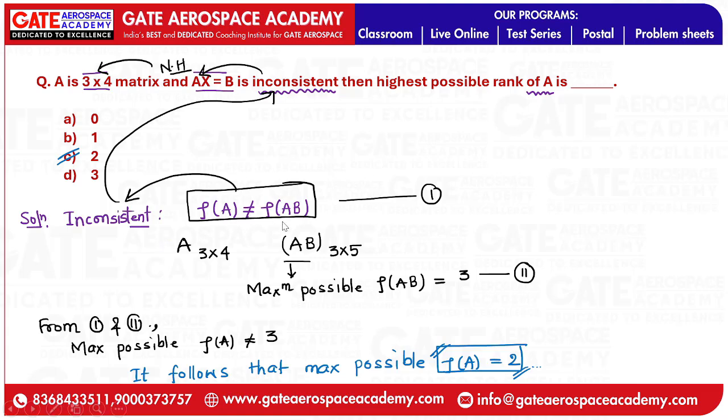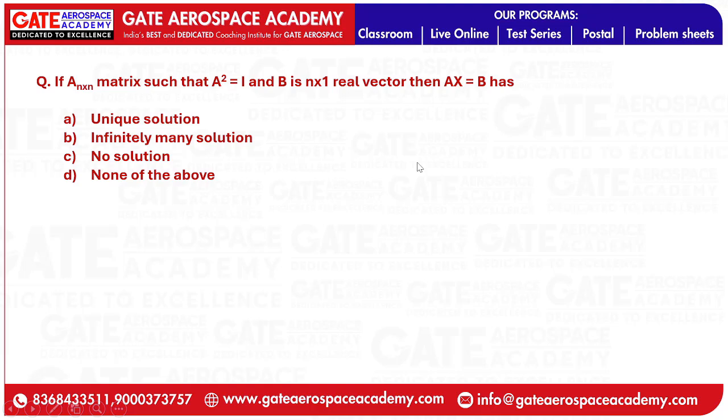Now, we are going to solve one more problem. Here he said, if A is n cross n, meaning the number of rows equals the number of columns, a matrix such that A square is I, where I stands for identity, you know very well.